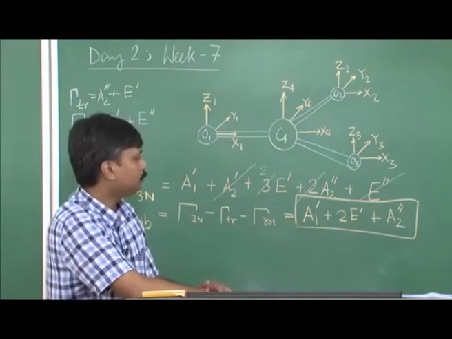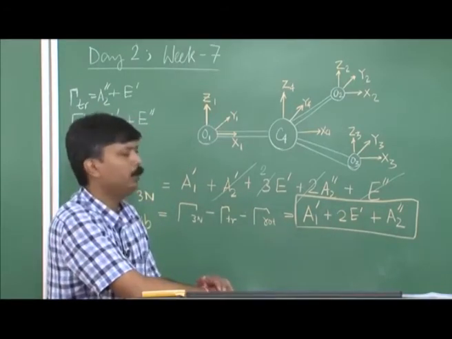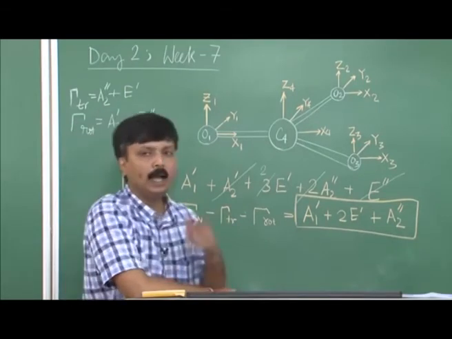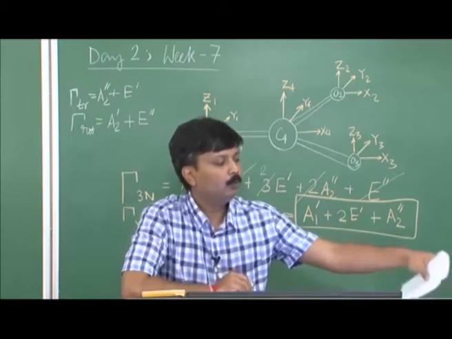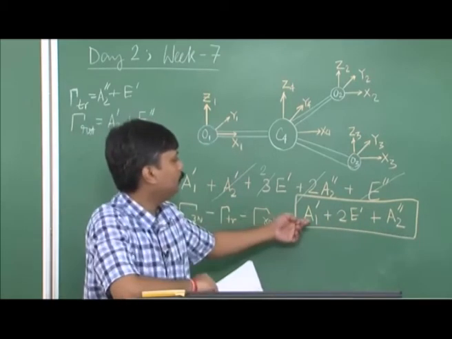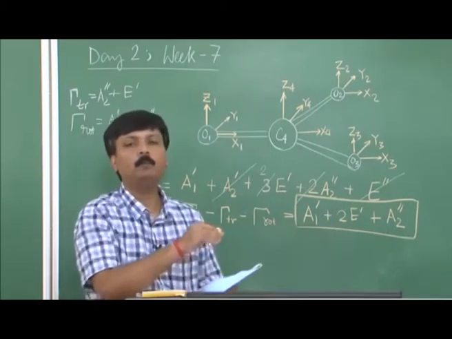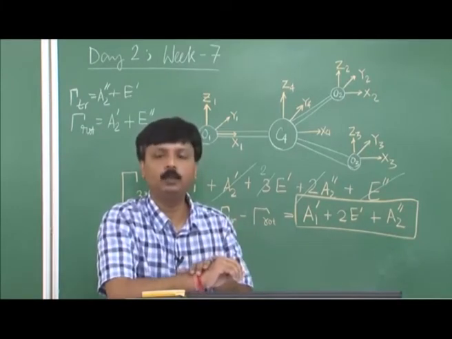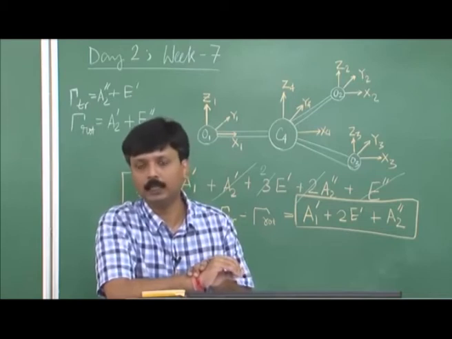So now, what we need to do there. If we look at the characters here again, I have to look at the characters corresponding to A1 prime. A1 prime has all the characters to be +1, so this is the totally symmetric IR.